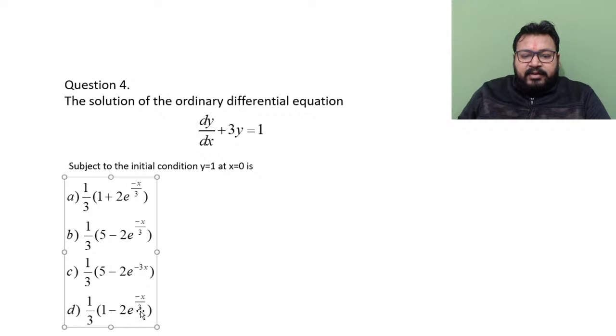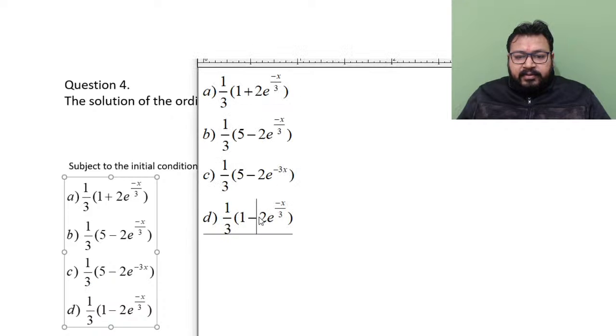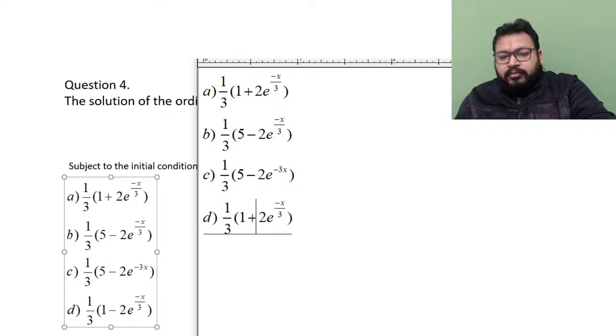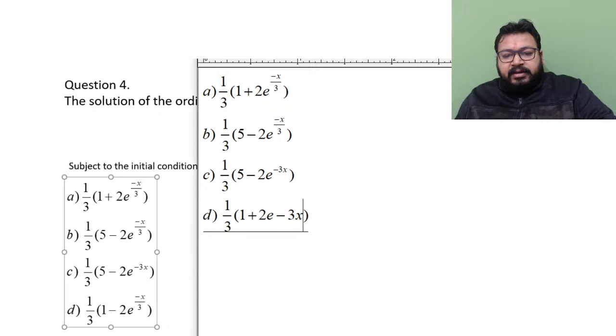So ये हमारा आंसर होगा, बट यहाँ पे हमें कुछ चेंजेस करने हैं बिकॉज यहाँ पे मैंने ऑप्शन गलत लिखे हैं शायद। ठीक है, सो लेट मी चेंज द ऑप्शन। 1 plus 2 e to the power minus 3x.